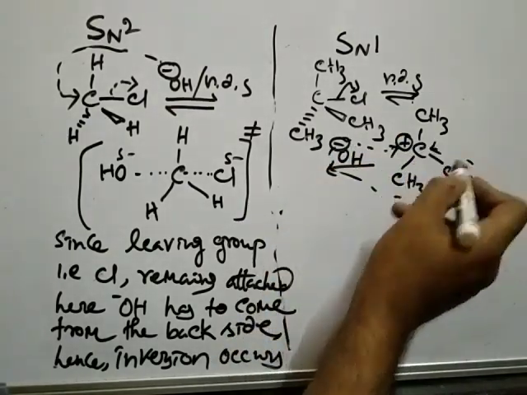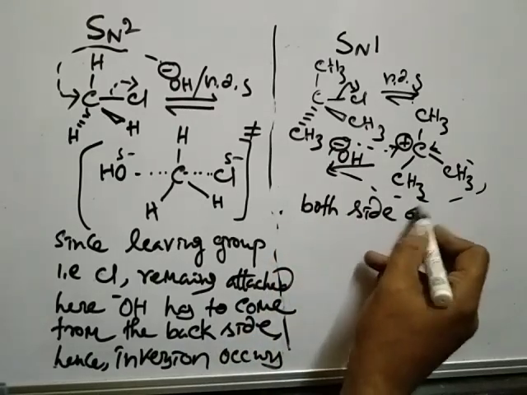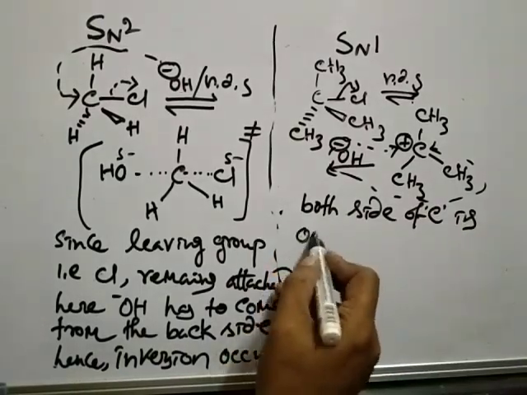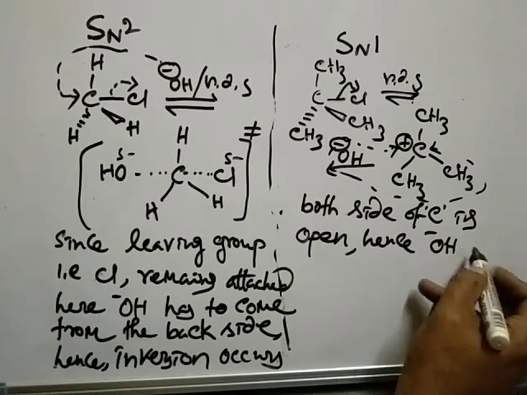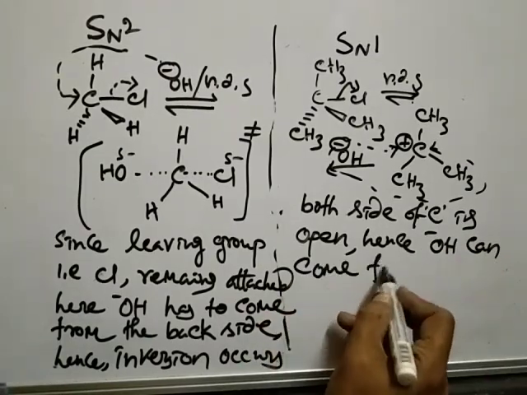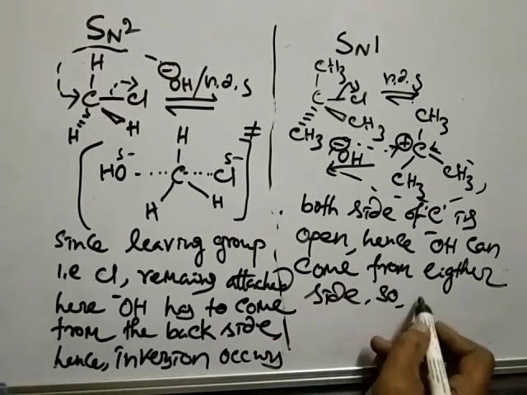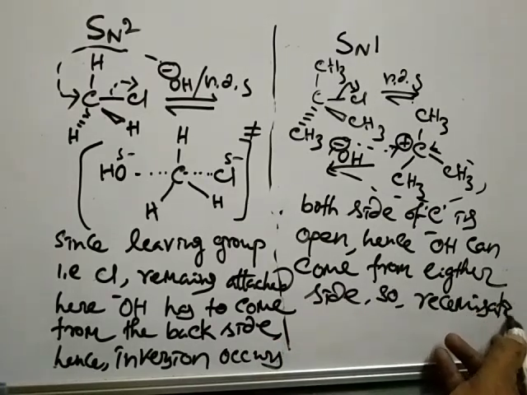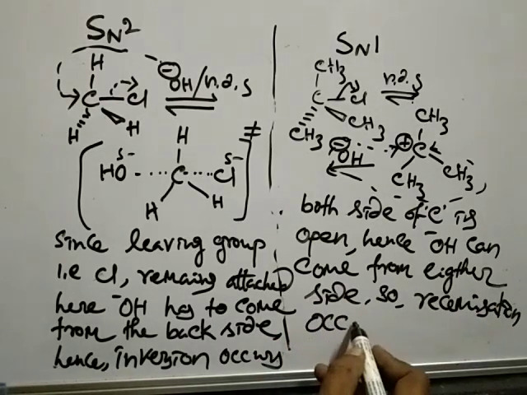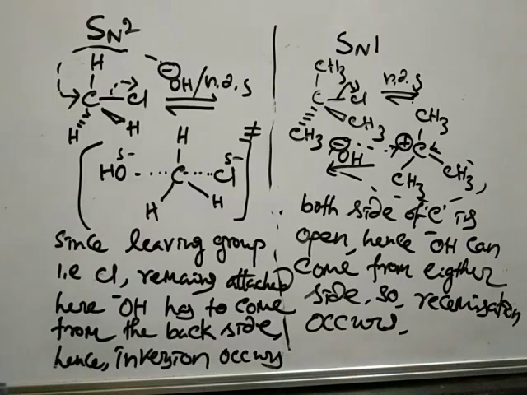And in case of SN2 reaction mechanism, since backside attack takes place, the configuration becomes inverted, and this is called inversion of configuration. So in SN2 reaction mechanism, inversion of configuration occurs, whereas in SN1 reaction racemization occurs.